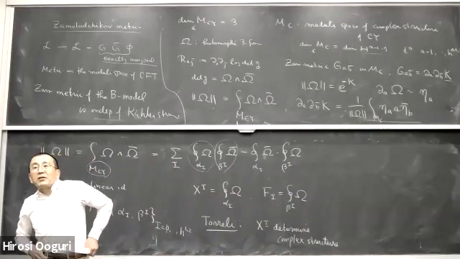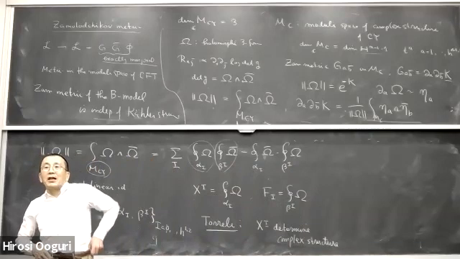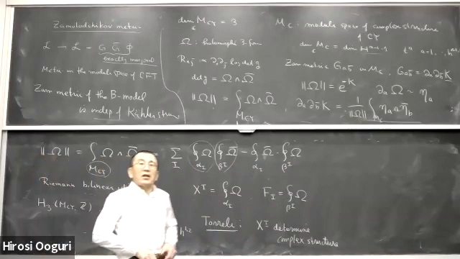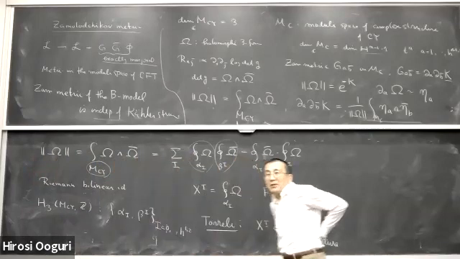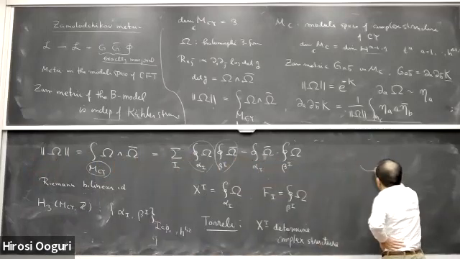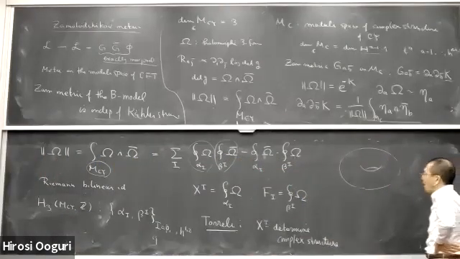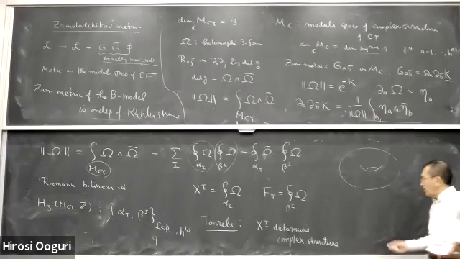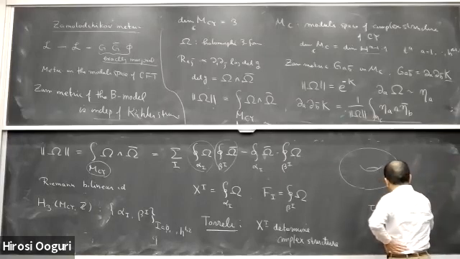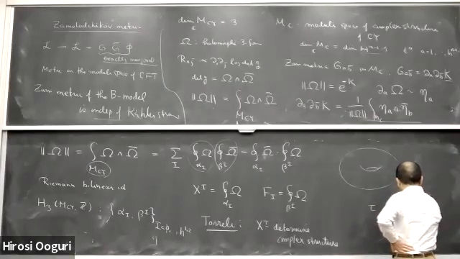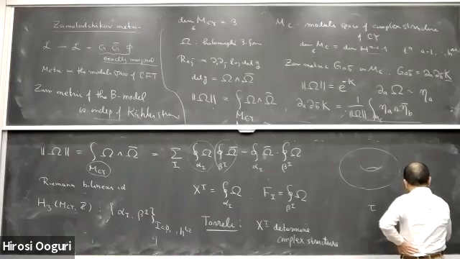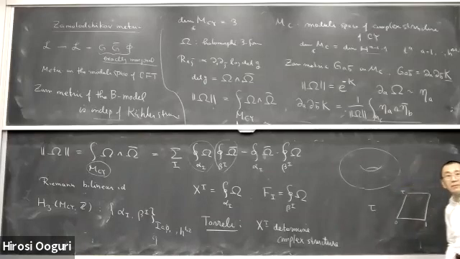It is very similar to what happens in the case of a two-dimensional surface that you might be familiar with. For example, if you have a torus, how do you parameterize the complex structure of the torus? Well, you have these periods, and you normalize one to be 1, and you call the other tau.